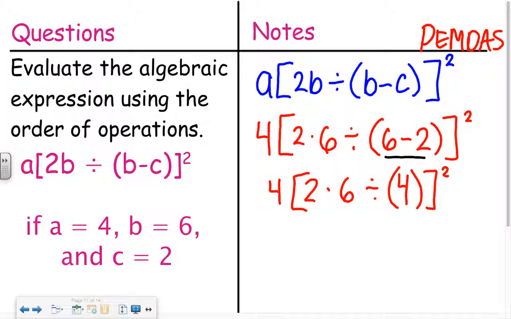Now I can work with the multiplication and the division. If I've got 2 times 6 divided by 4, I've got to go from left to right. So I'm going to do 2 times 6 first. Now I've got just division left. 12 divided by 4 is 3.